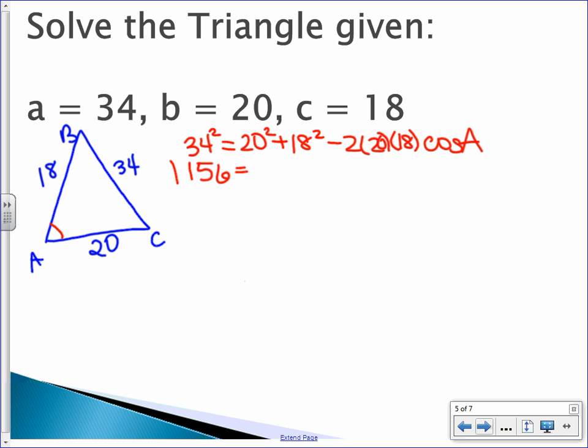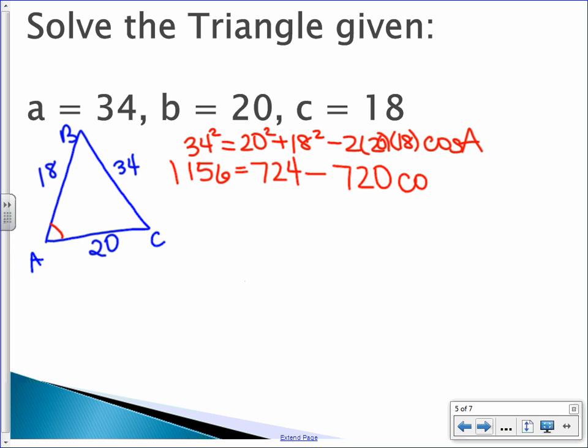Can we do 20 squared plus 18 squared? What is that? 724. Minus, what's 2 times 20 times 18? This one's 720.